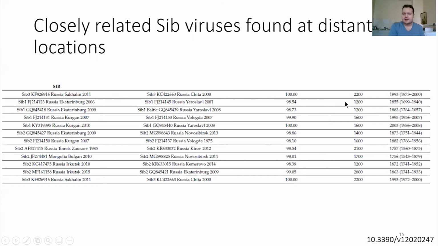But the geographical distance between Sakhalin and Chita is approximately 2,200 kilometers, and there are just 20 years of difference. It's a little bit strange, but it is the result of these Bayesian estimates for the common ancestor according to all other sequences in this data set.